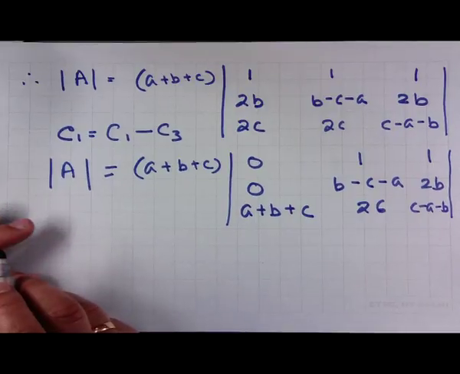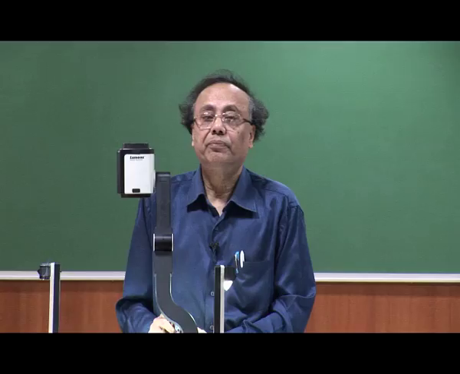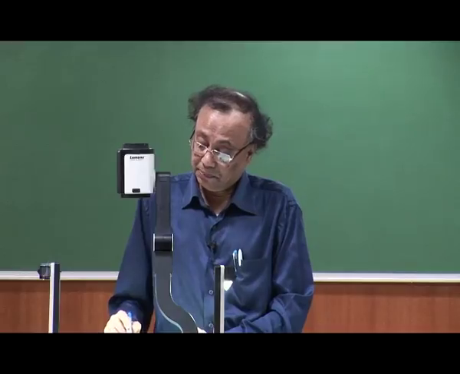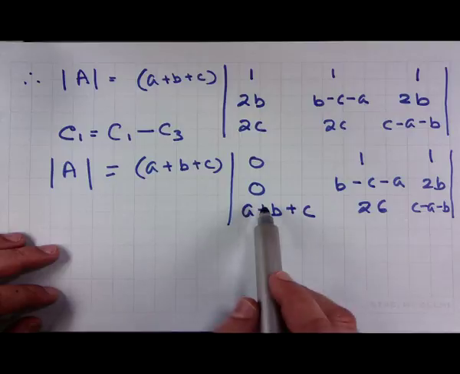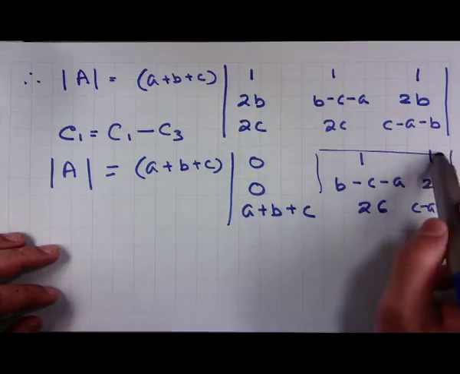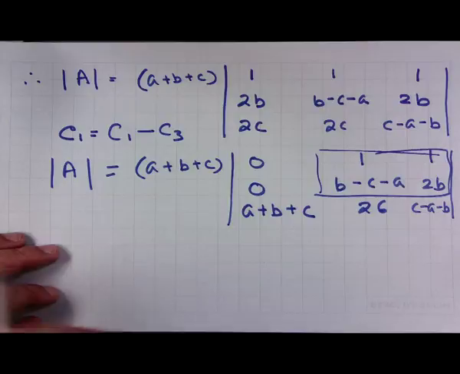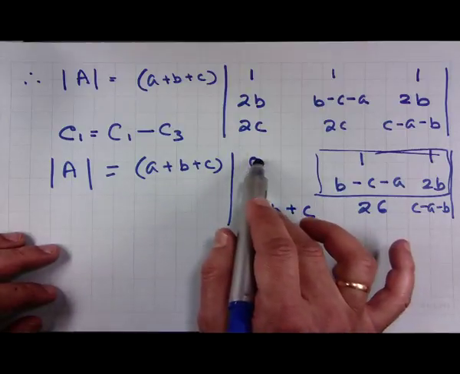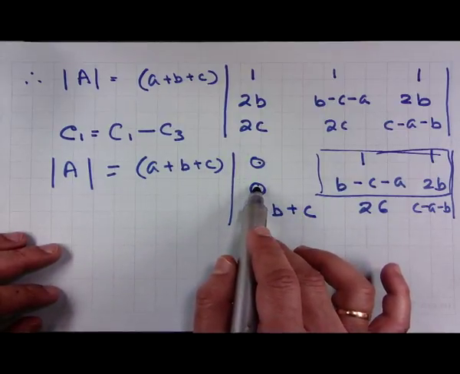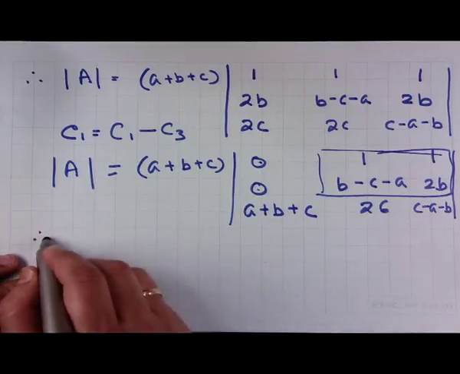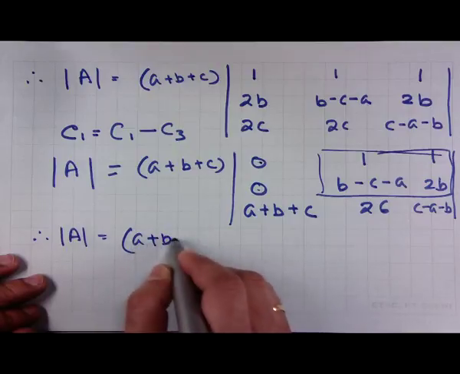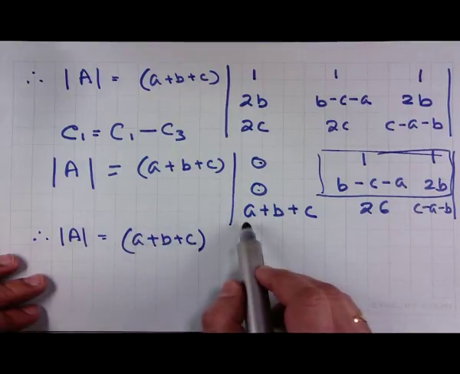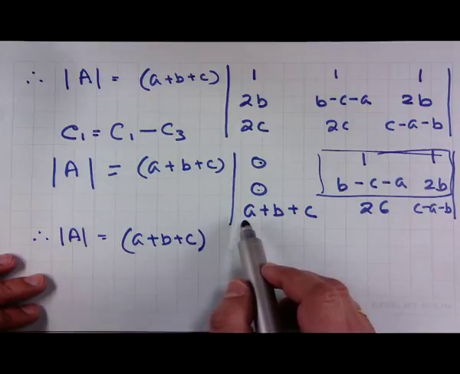What is the advantage? The advantage is that now we can expand the determinant only taking this term and corresponding submatrix. I do not need to bother about what is happening with this and what is happening with this. Therefore, determinant of A is equal to A plus B plus C. Now, note that it is the third row first column.